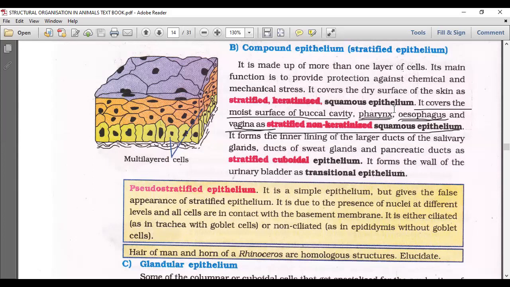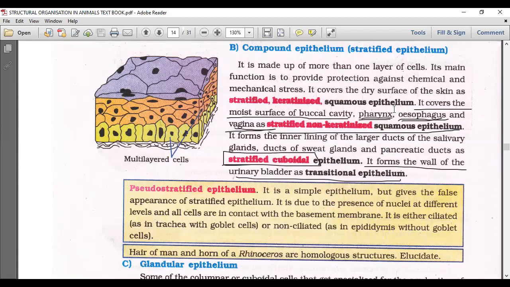When we go to the stratified cuboidal, what you need to understand is that the upper layer of cells are cuboidal. Next, it forms the wall of the urinary bladder. That is transitional epithelium.